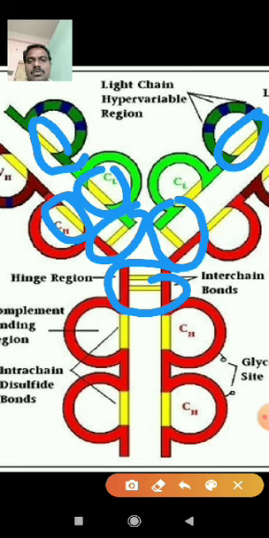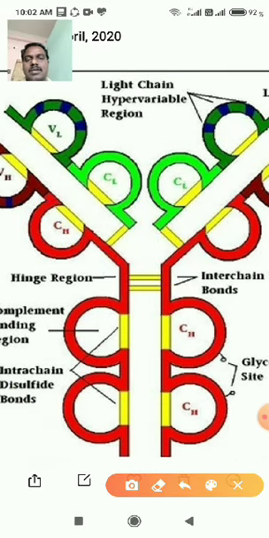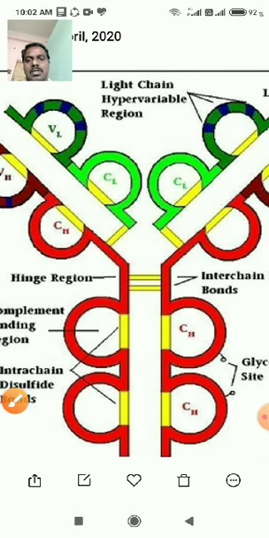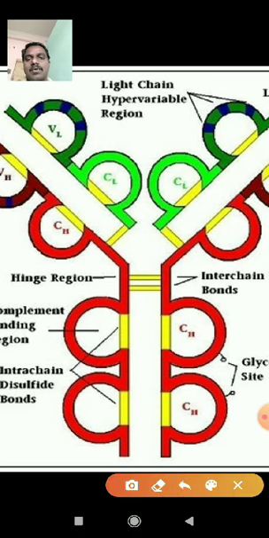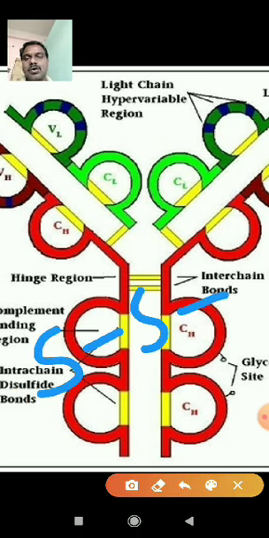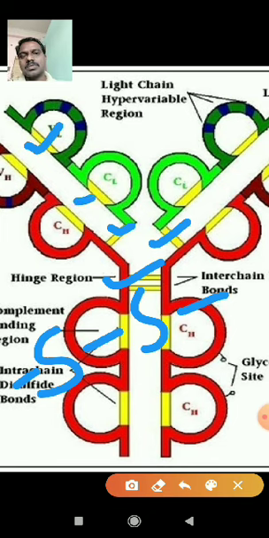We call these disulfide bonds. These disulfide bonds are present here and here and here, and also in the variable and constant regions.